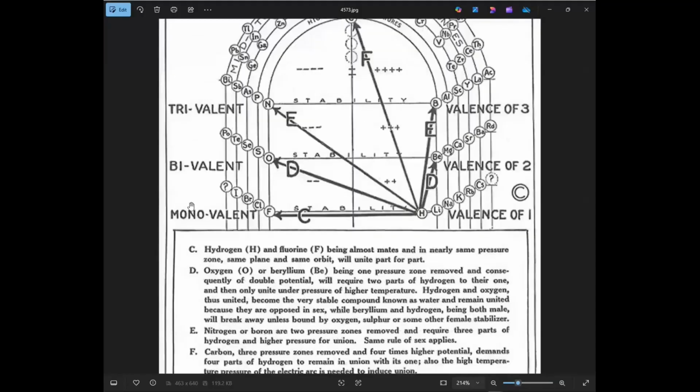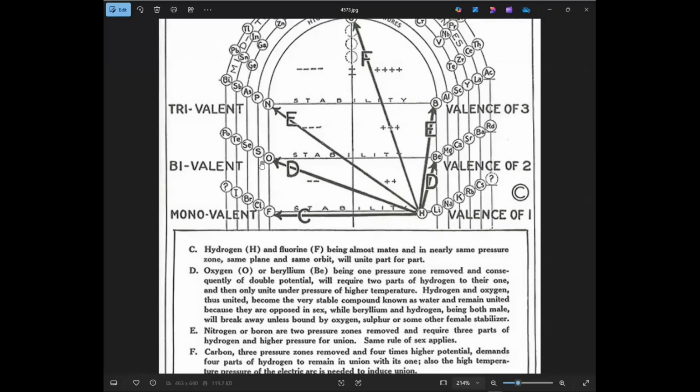So we're going to continue here with number C, hydrogen right here and fluorine over here, being almost mates and in nearly the same pressure zone, same plane and same orbit, will unite part for part. Meaning this same amount of hydrogen will match with this same amount of fluorine. Now, oxygen, where is oxygen?